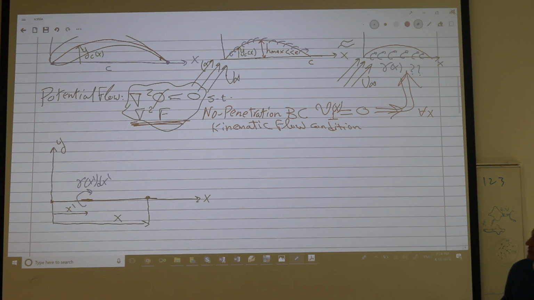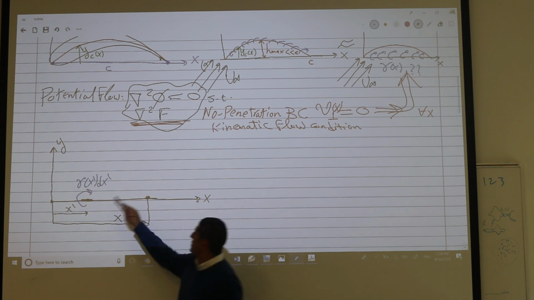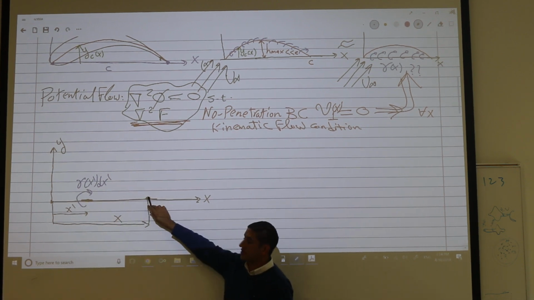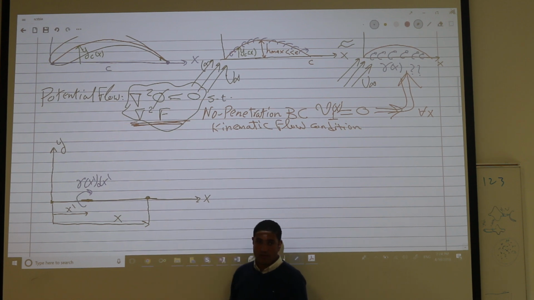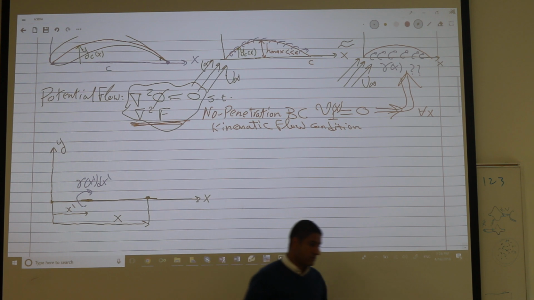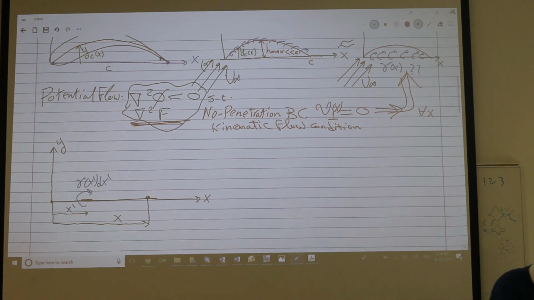So can you tell me how much velocity is induced at this point by this vortex? In what direction? It's downward, right? How much is it? Gamma, whatever gamma, over 2 pi distance, right? What's the distance?